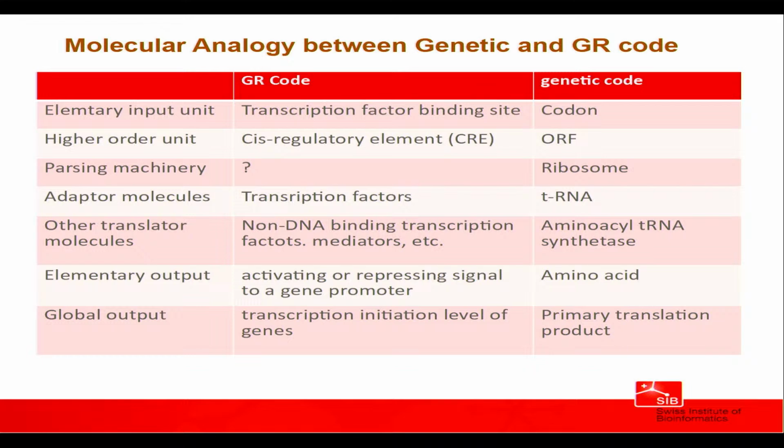And the elementary output would be a kind of an activating or repressing signal to a gene promoter from a transcription factor binding site, and the global output would be transcription initiation levels of one or several genes. One of the problems with the gene regulatory code is that it's not so easy to just describe the output like in the genetic code.